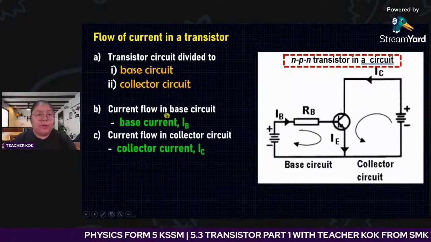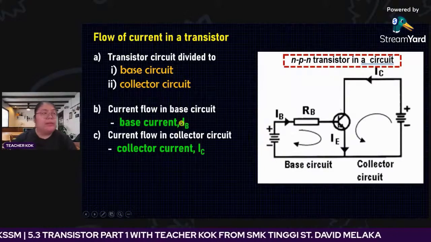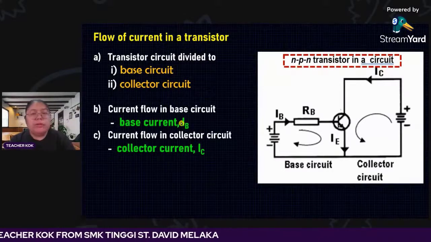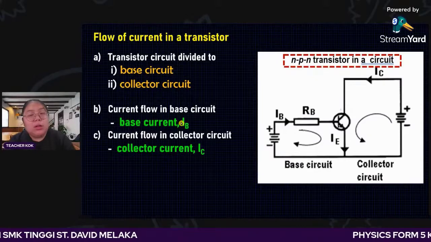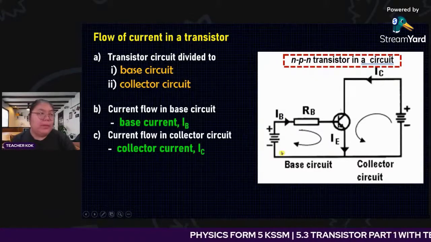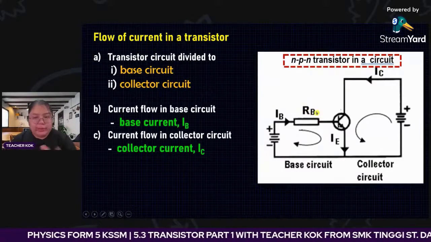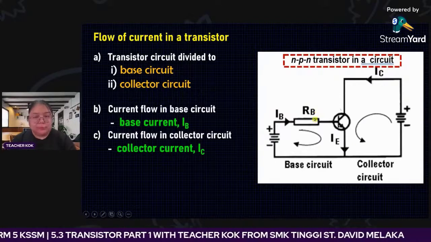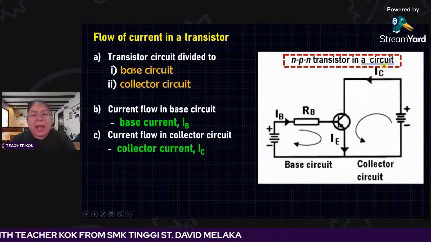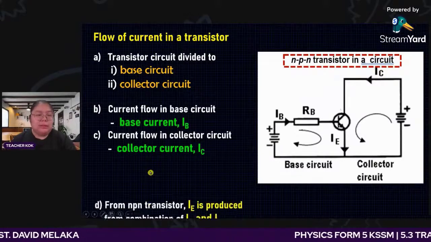The current flowing in the base circuit we call IB. IB stands for current in the base circuit. Normally from here we just use the symbol, so make sure you understand. Anything in the base we label with B, so like this resistor at the base, we label it RB. The current in the collector we label IC, current in collector.